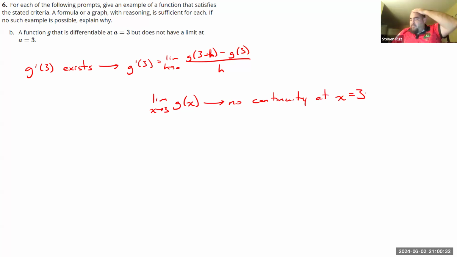And one of the big relationships between continuity and differentiability is if you have differentiability, you have to have continuity. Differentiability at a point necessitates that we have continuity at that point. So since they're asking for a function that's differentiable, but the limit doesn't exist there, we can't even have continuity, because one of the conditions of continuity is that the limit exists at that point. So this is actually impossible.